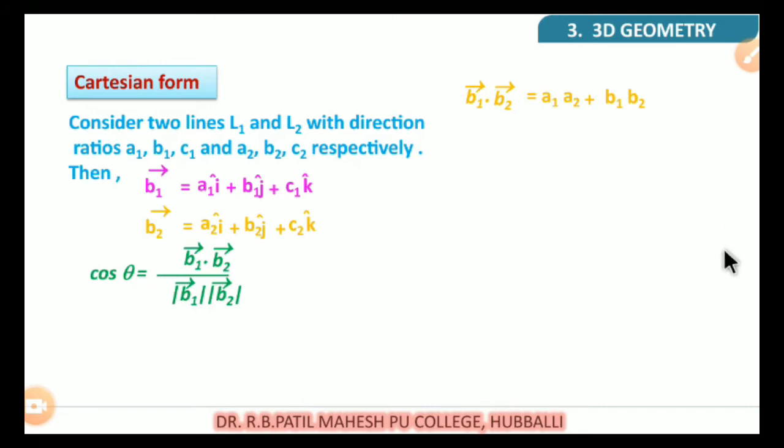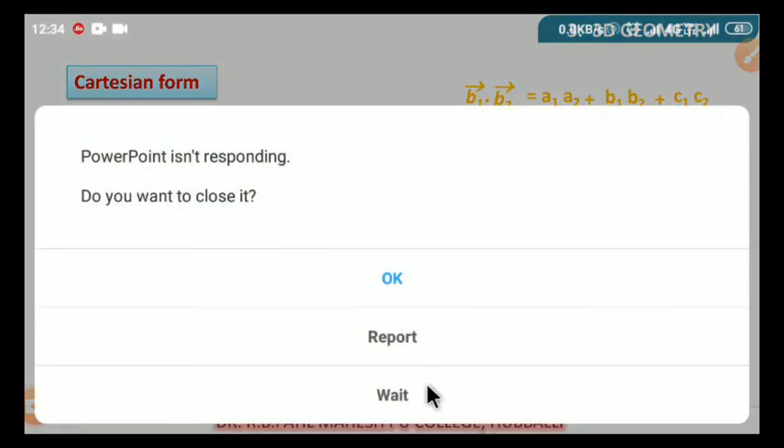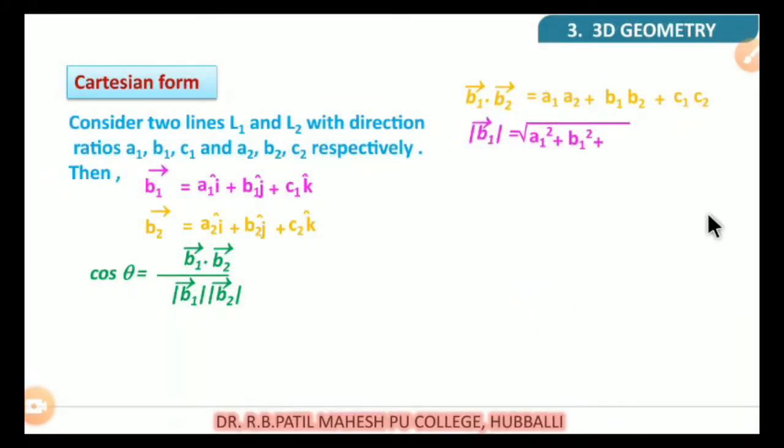After this we can find out the magnitude of b1, that is square root of a1 square plus b1 square plus c1 square, and magnitude of b2 is equal to square root of a2 square plus b2 square plus c2 square.